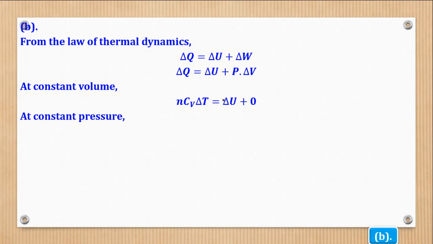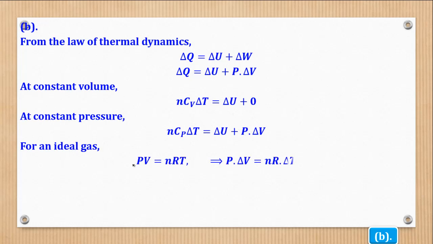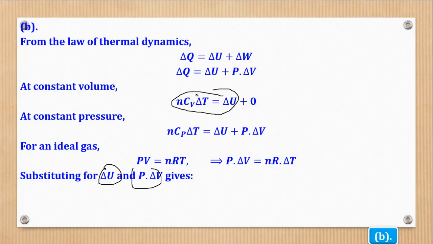What about at constant pressure? At constant pressure, it means we have that. And for an ideal gas, we know that PV is equal to nRT, implying that P times change in V is equal to nR times change in temperature. So substituting for this and this, remember here, we know that internal energy is this, and from here we know that this is equal to that.